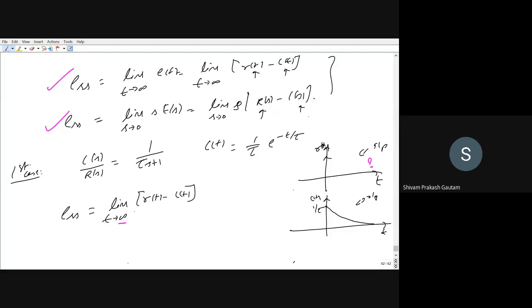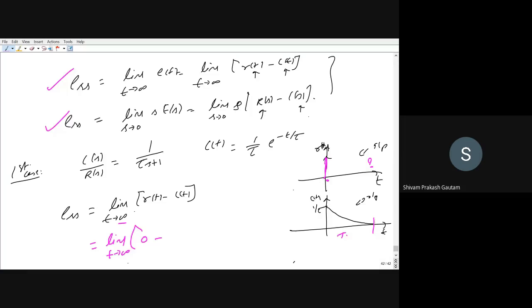When t is equal to infinity, what is the value of r(t)? 0, correct? Why? Because r(t) is only present at 0, right? At 0, it has some finite magnitude. At all the other instants, the magnitude is 0. So limit t tends to infinity, r(t) is equal to 0, minus c(t) is equal to how much?